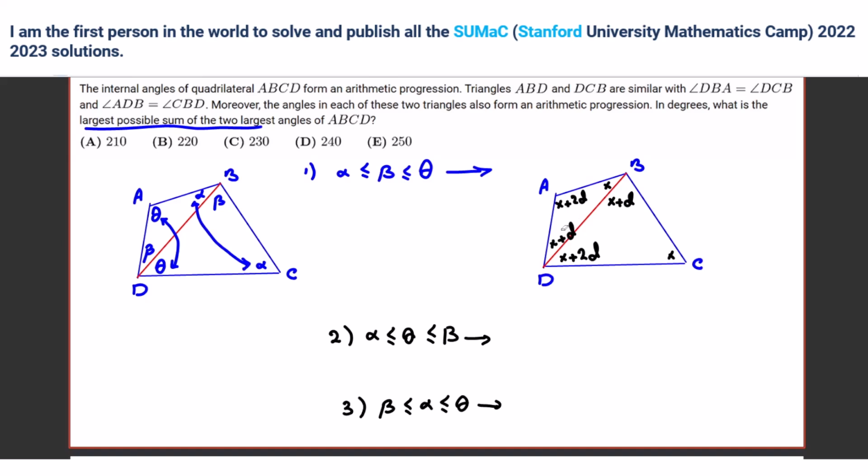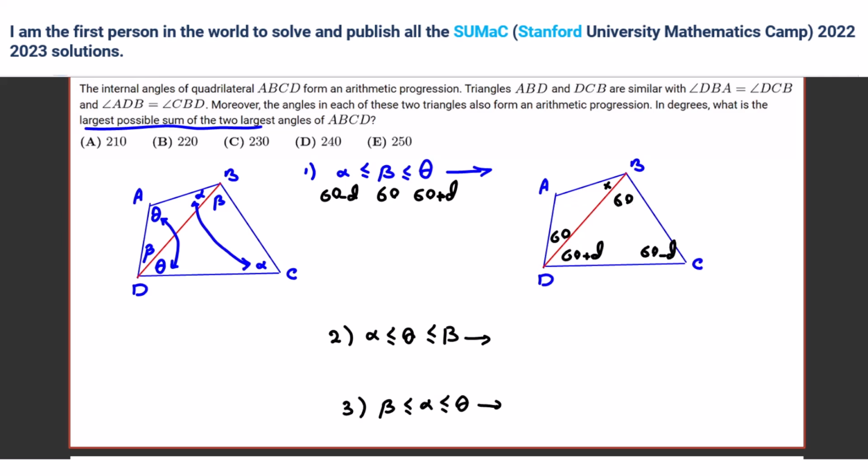Okay, so let me write it. X plus d is 60. This one is 60, so this one is 60 minus d. This one is 60 plus d, right? This one 60 minus d, right? What about the first a?